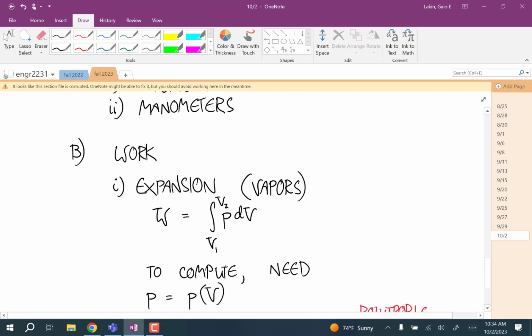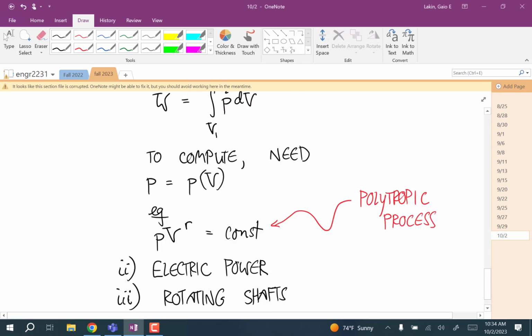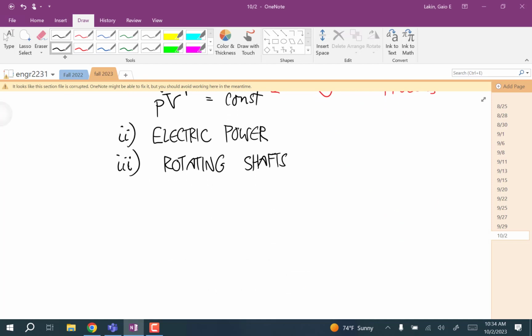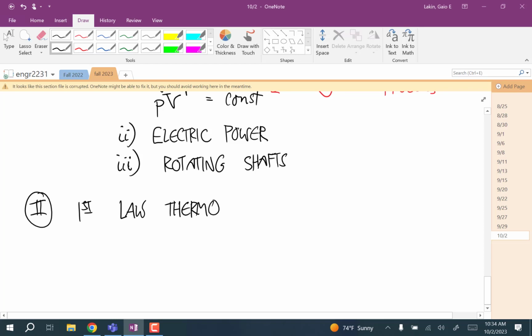Then we talked about the first law of thermodynamics. And we started with closed systems. This part 2 is just the first law of thermo for closed systems. We'll get to control volumes later.